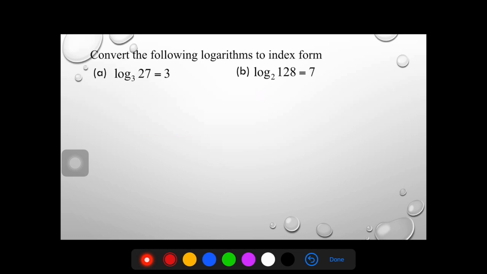Next, look at this example. Convert the following logarithms to the index form. A, log 3 27 equals to 3. So now log with the base 3, the answer is 3. Convert it into the index form. Just now I mentioned to you, this is a base, power, and this is the answer.